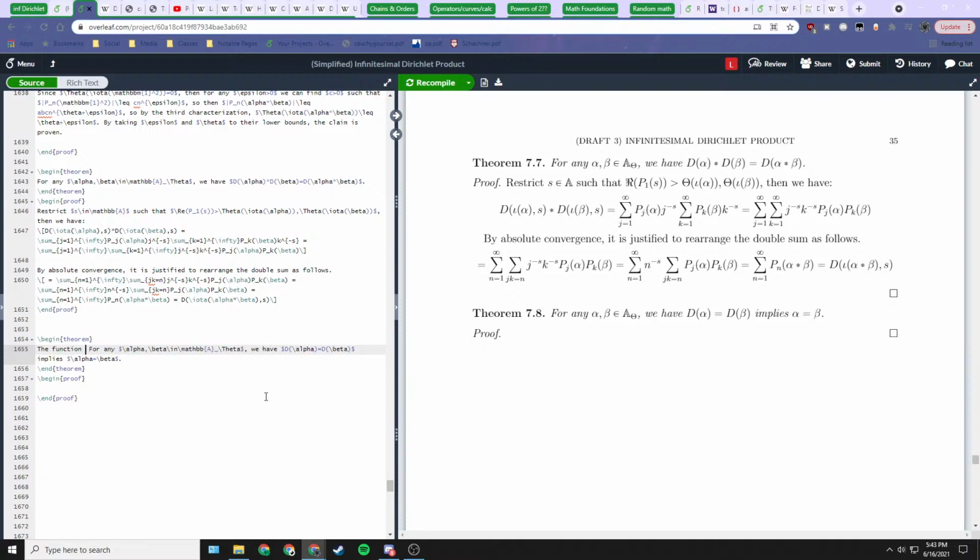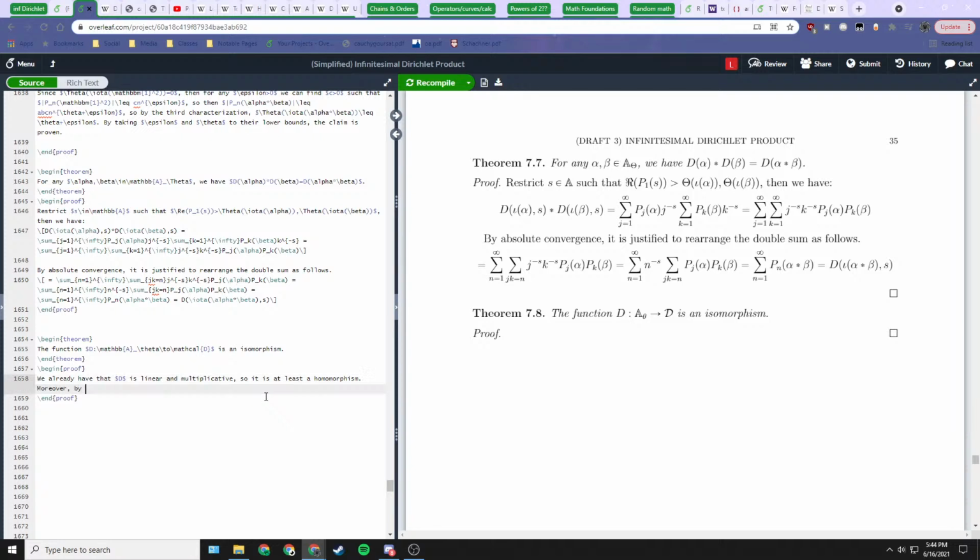Actually, we can be more explicit. The mapping D from A sub theta to script D is an isomorphism. Okay, so we already have that D is linear and multiplicative, so it is at least a homomorphism.